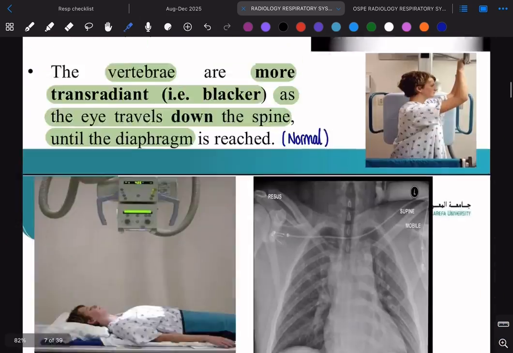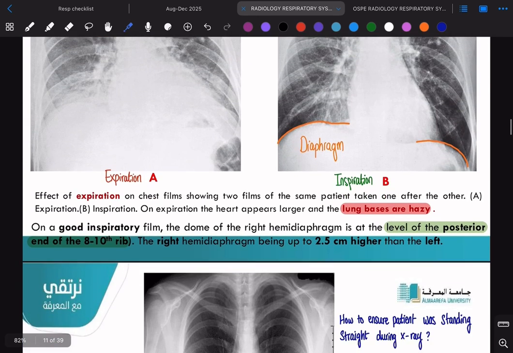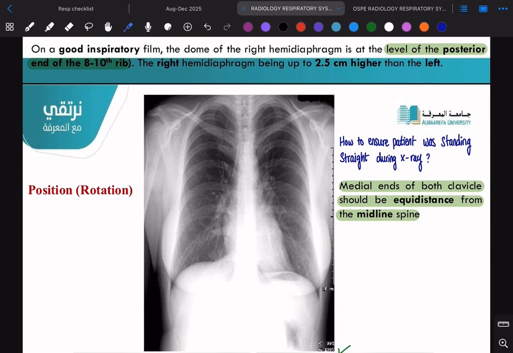So how can we tell, when reading the x-ray, that the patient was in the right, straight position, or was rotated a little bit? How do we know that from the image? It says that the medial ends of both clavicles should be equidistant from the midline spine. What does this mean?